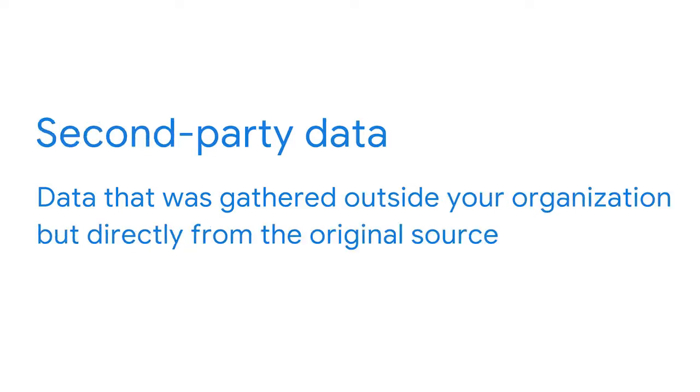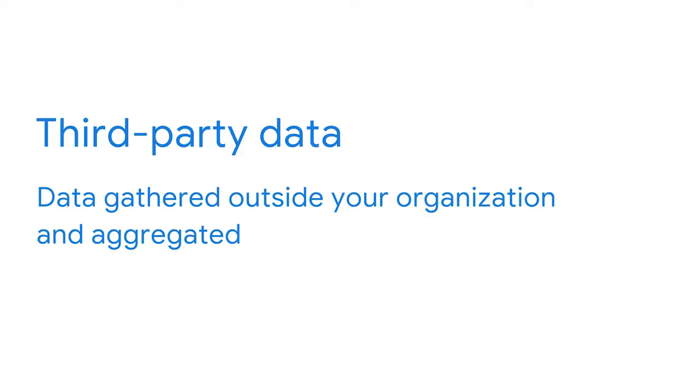Second-party data is data that was gathered outside your organization, but directly from the original source. Finally, there's third-party data, which is data gathered outside your organization and aggregated. Knowing the types of data, whether first, second, or third party, will help you more efficiently answer or seek answers to the questions that may arise during analysis.